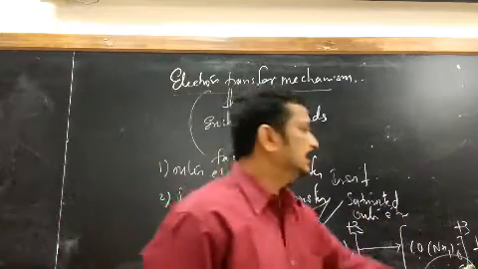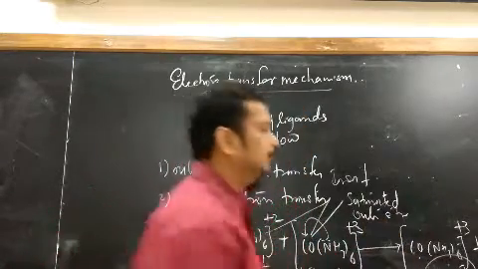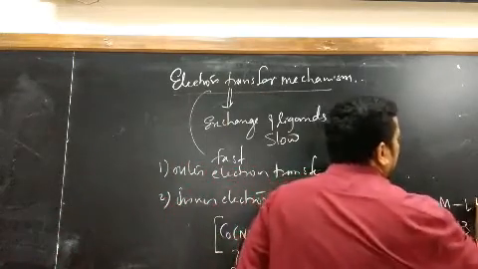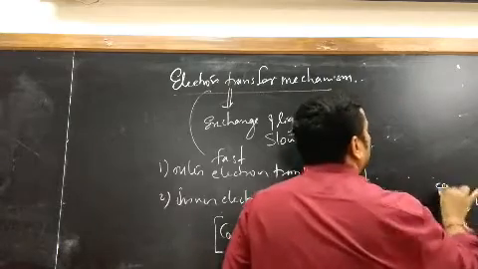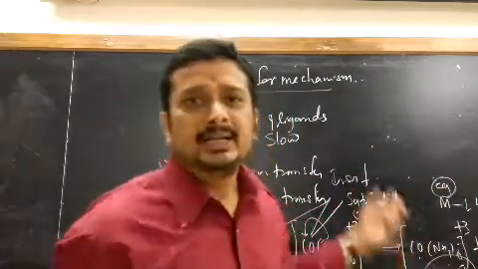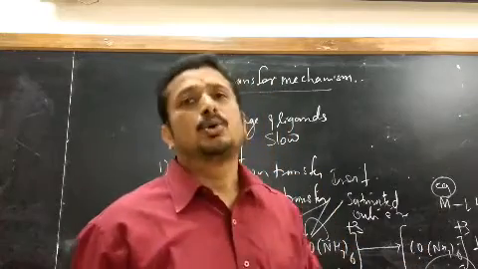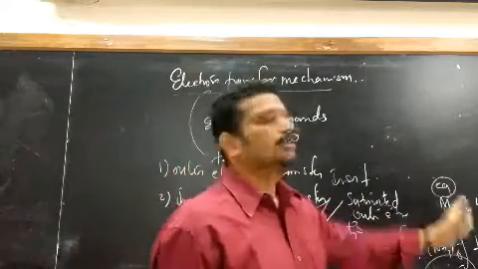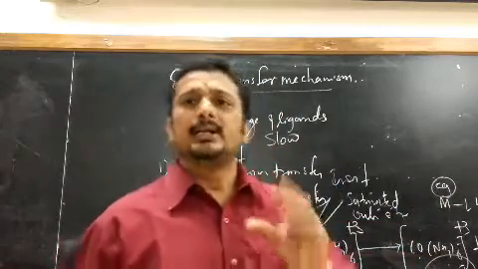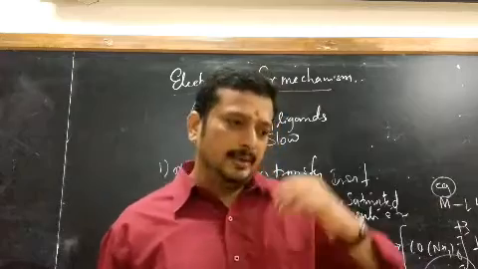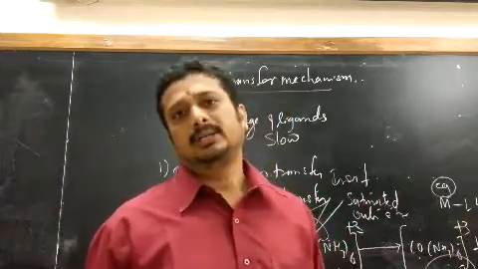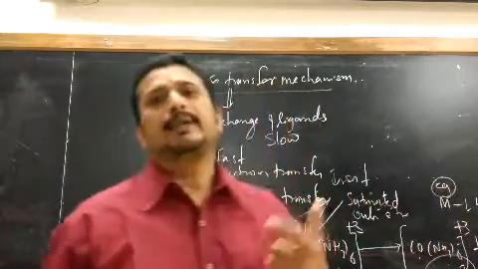Why? Because these electrons are used in the formation of metal-ligand bonds. If the electron is present in the eg orbital, these are very slow reactions, because electrons in the eg orbital are very difficult to transfer as they are utilized in metal-ligand bonds.